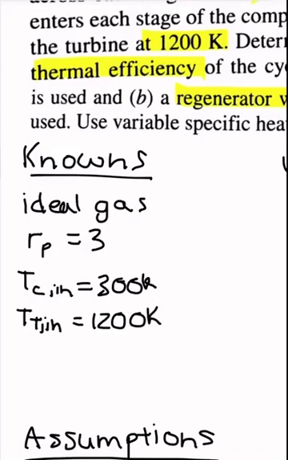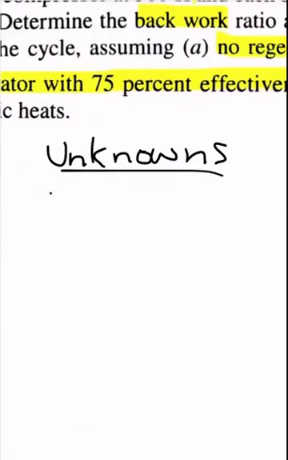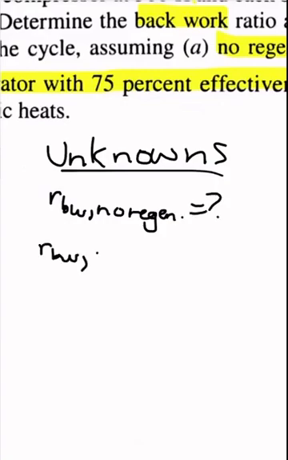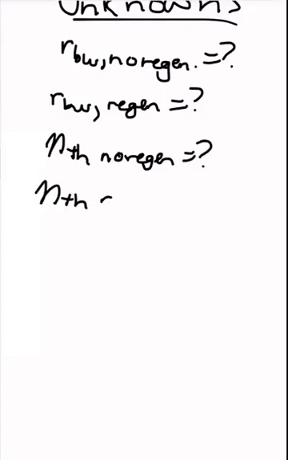And then for our unknowns, we need to find the back work ratio for no regenerator, the back work ratio with the regenerator, and that's 75%. Then we need to find the thermal efficiency with no regenerator and the thermal efficiency with the regenerator.